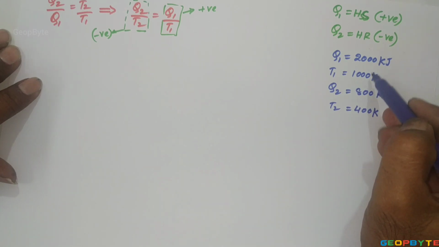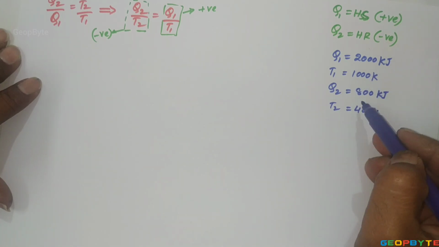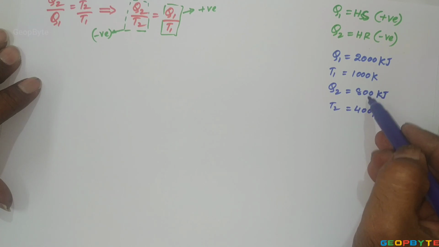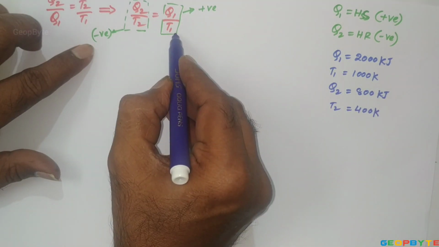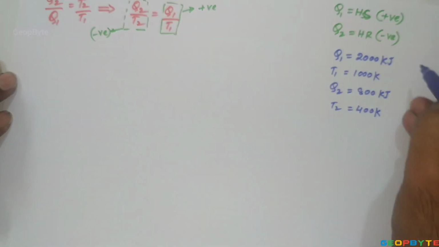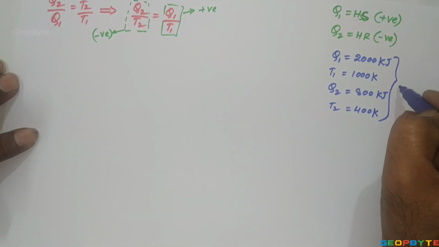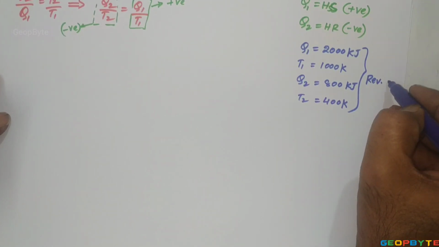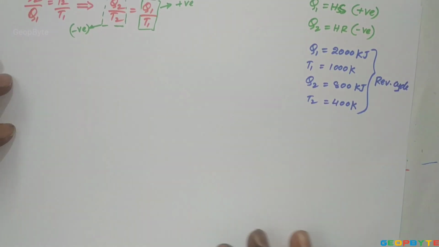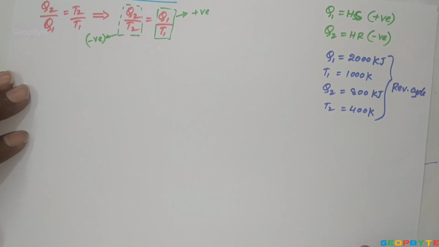Then Q1 by T1, 2000 by 1000, is 2. Q2 by T2, 800 by 400, is 2. So this is minus 2, this is plus 2. This is for a reversible cycle. Carnot cycle is a reversible cycle.